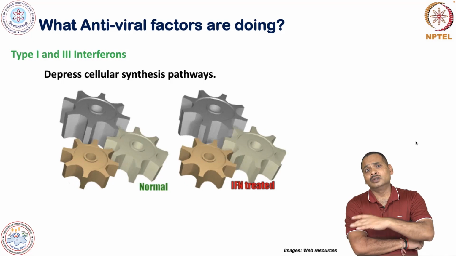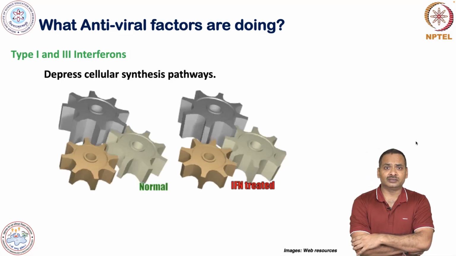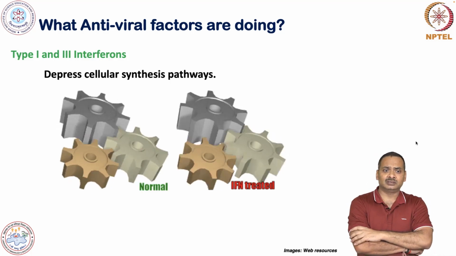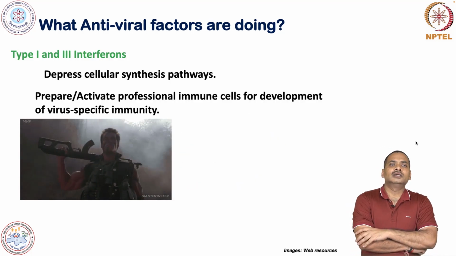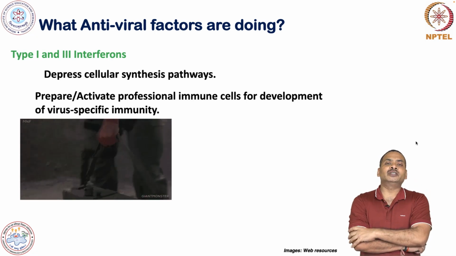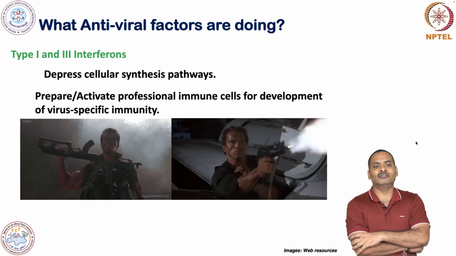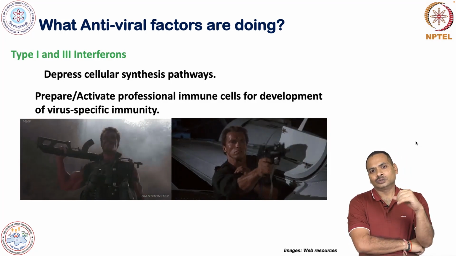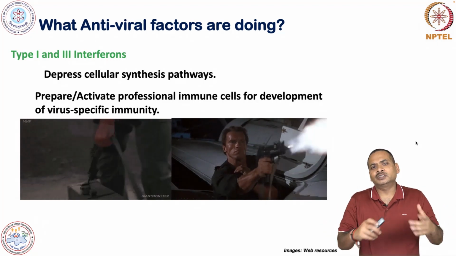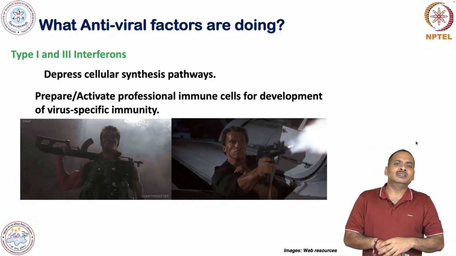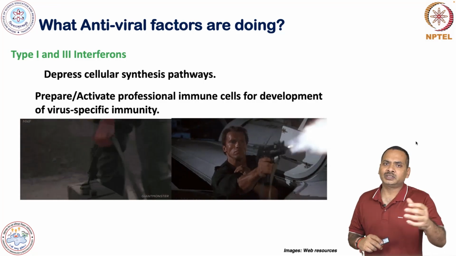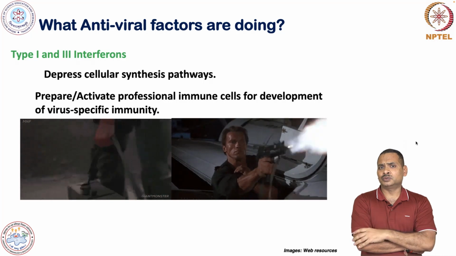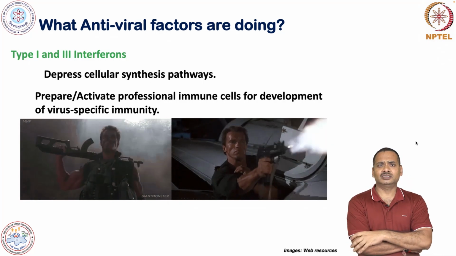That is why they also act as anti-proliferative agents, and they are used in the treatment of some cancers. They prepare and activate professional immune cells for the development of virus-specific immunity. So if the common immune response is not able to clear the virus, they will start generating specific immunity, which mainly takes place by B cells and T cells.